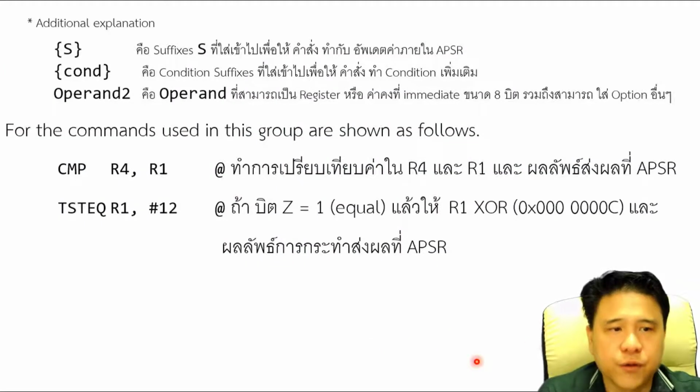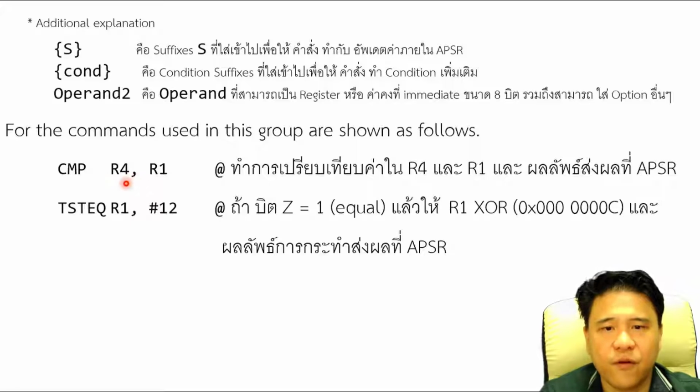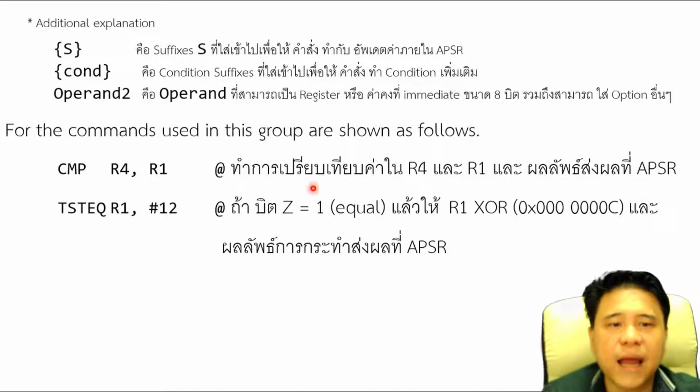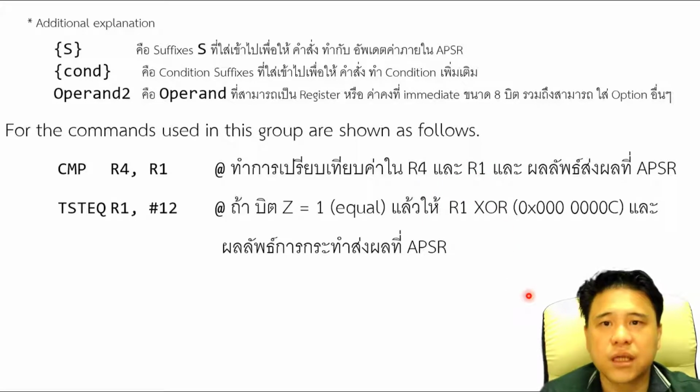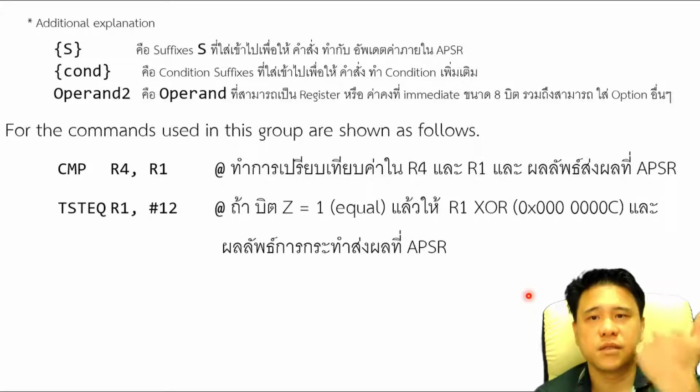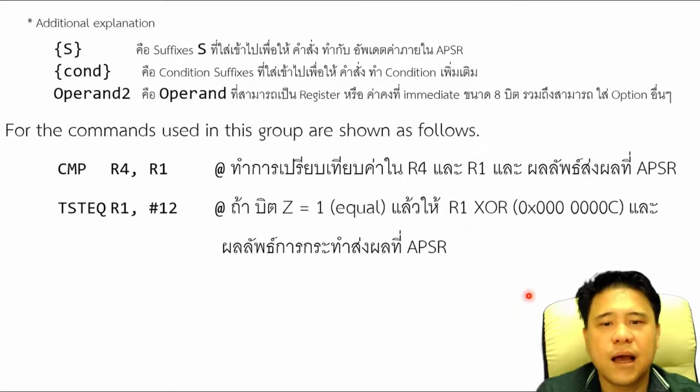Okay, and here are examples. For the examples, we do something like this: CMP R4, R1. You compare R4 with R1, and the result is stored in APSR, right? Because it alters the flag bits inside APSR, which are the negative bit, zero bit, carry bit, and also the overflow bit. How about the next one, ASTEQ?